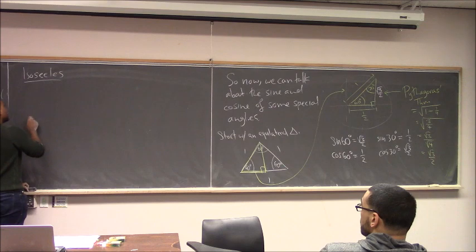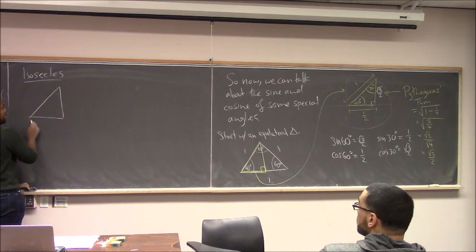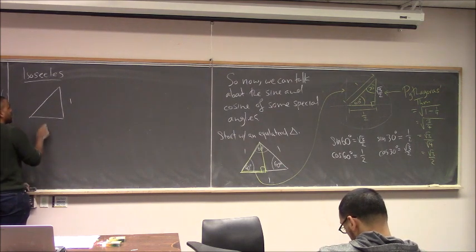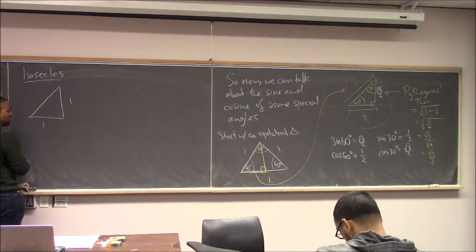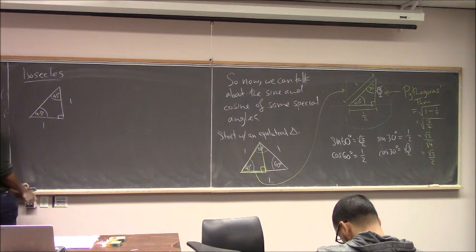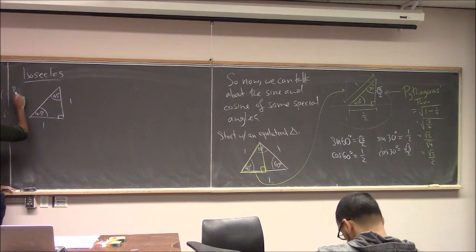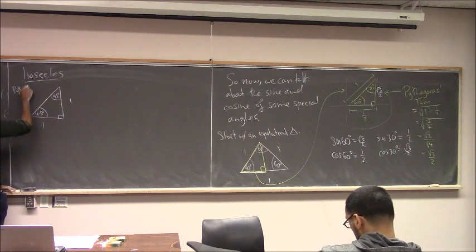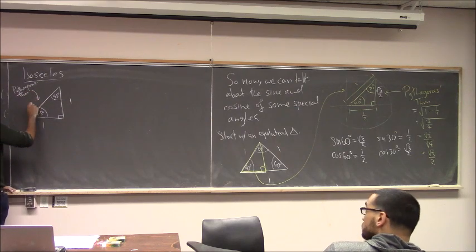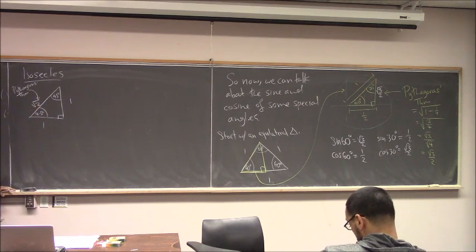Okay, so this triangle is of course the one where two sides are the same, but the other side could be something different. If that's 90 degrees, it means that these two angles need to be 45. And again, I can use Pythagoras' theorem to figure out that this side would be radical 2.